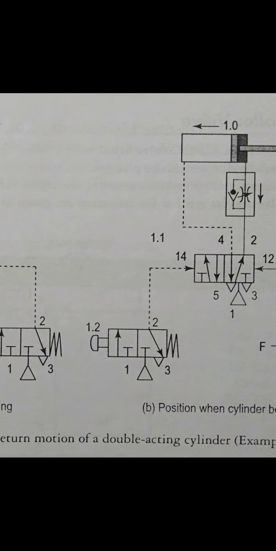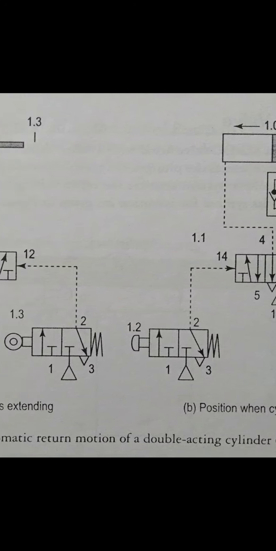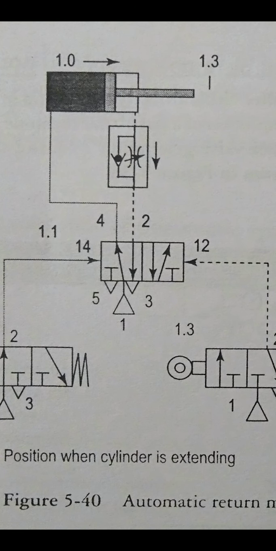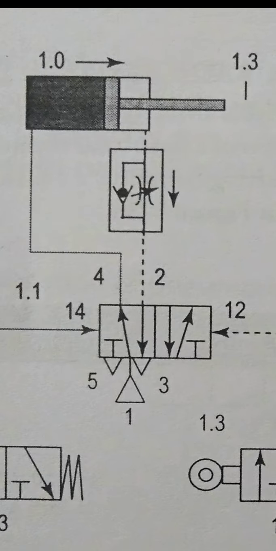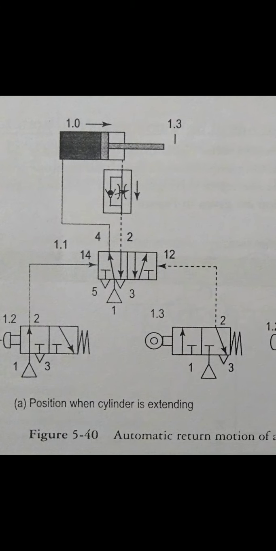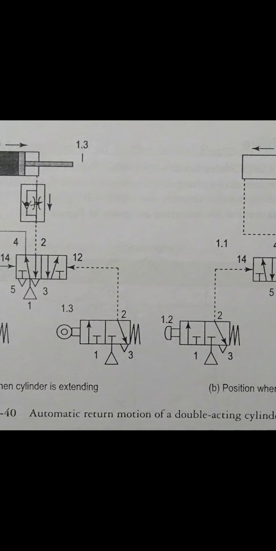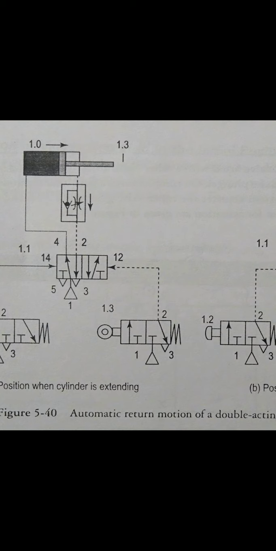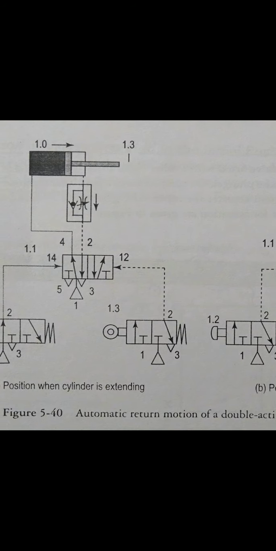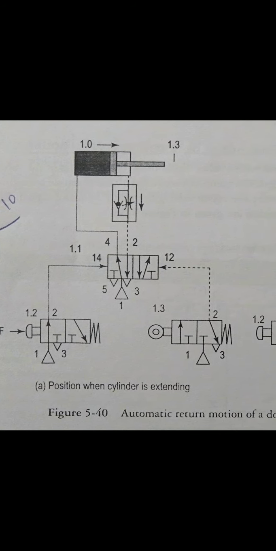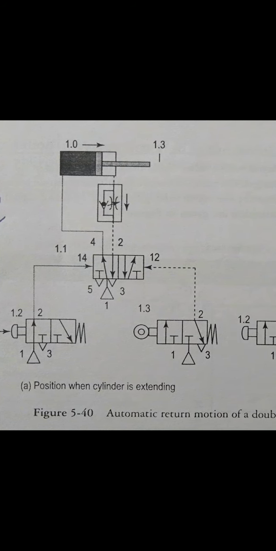So here 1.3 is a limit. It should not go beyond this for a piston cylinder. So the two positions of the pneumatic circuit for the control task, the normal and actuated position of the double acting cylinder, you can see here.